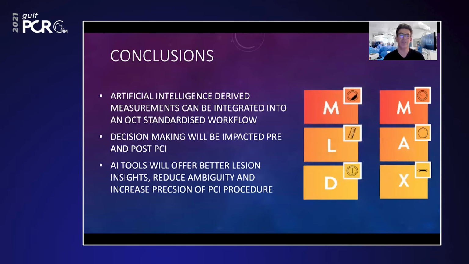So to conclude, artificial intelligence-derived measurements can be integrated into an OCT standardized workflow. Decision-making will be impacted pre and post PCI, and AI tools will offer better lesion insights, reduce ambiguity, and increase the precision of the PCI procedure.